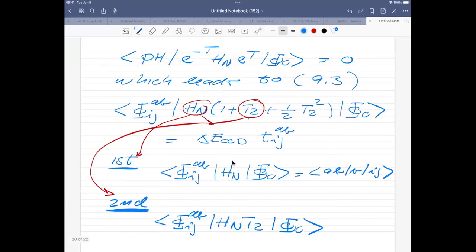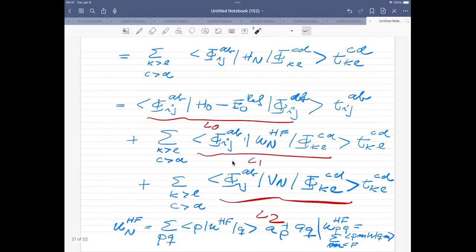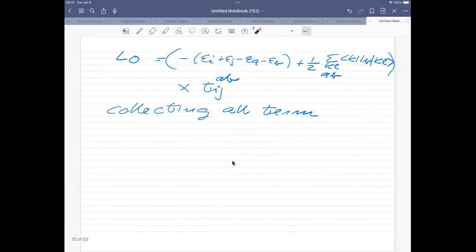It means collecting this term as well and this term as well, because what comes now is simply a boring exercise in performing all the contractions. So a typical contraction which we need to do, let's just put that one up here. I'm going to take the liberty of leaving this as an exercise.